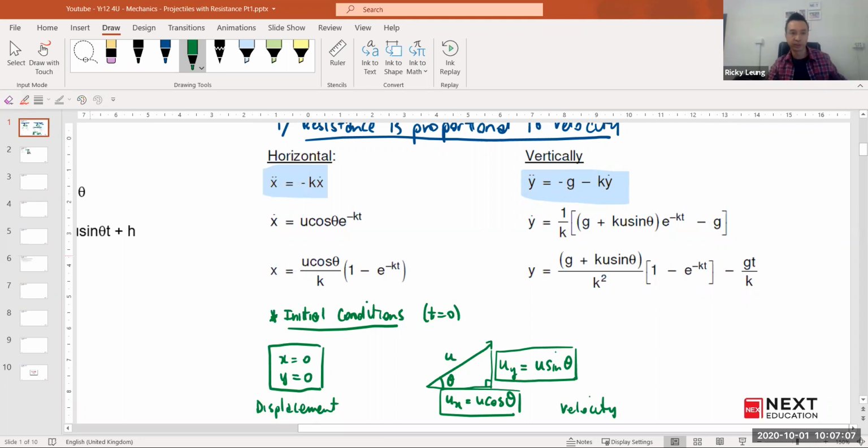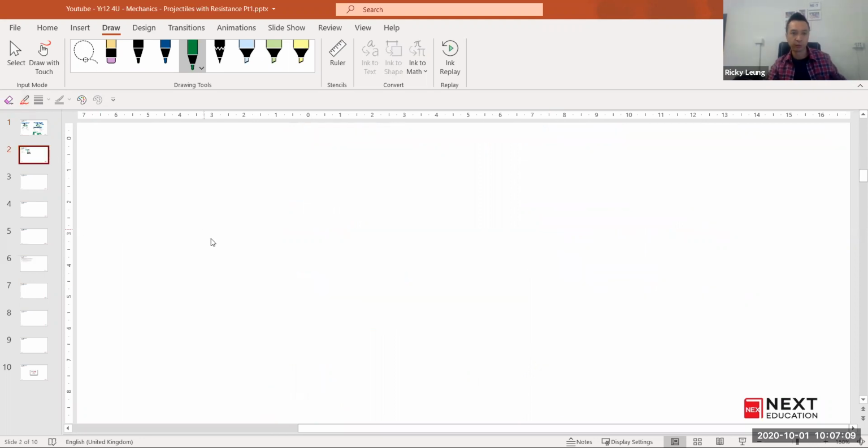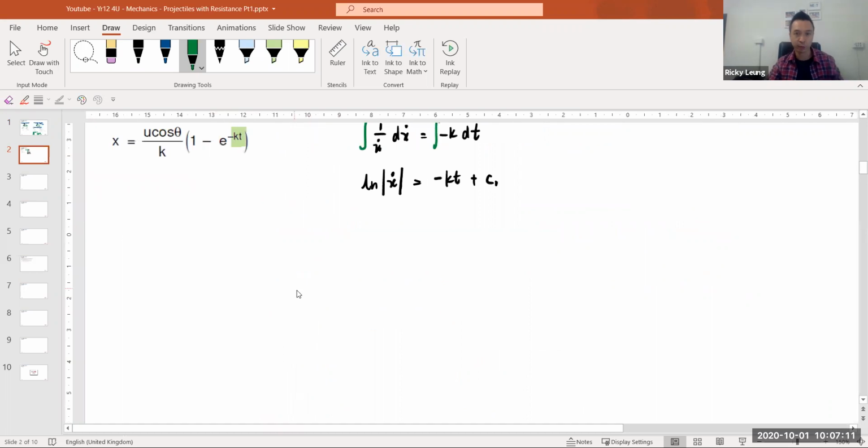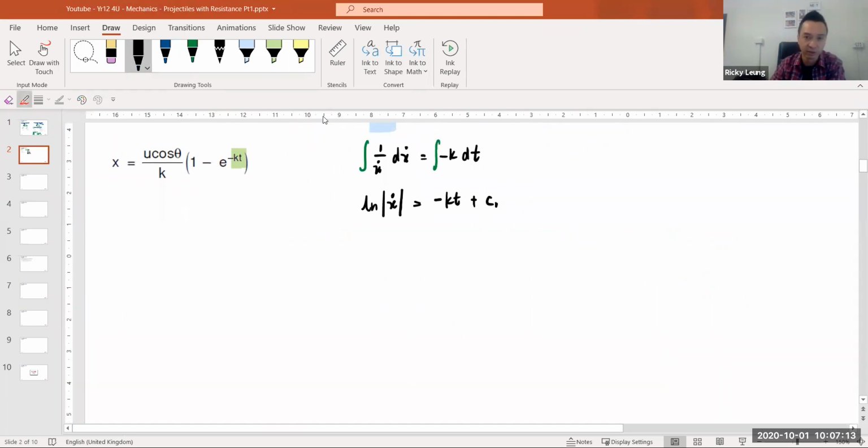Brilliant. The reason I'm saying that is because right now we're going to use our first constant. So when t equals 0, we know that the initial velocity is u cos theta. So when you sub all that in, you get, therefore, let me just check that.